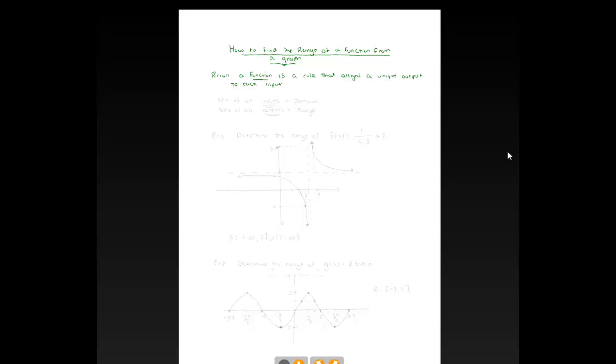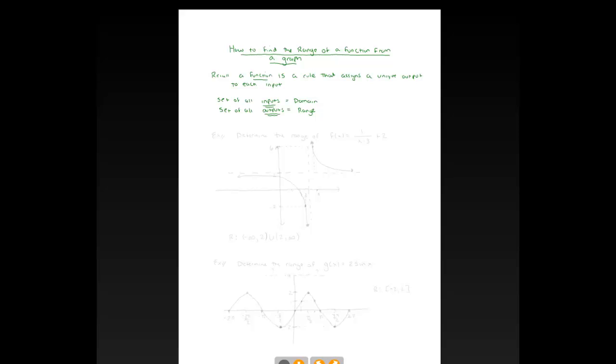It has inputs and outputs, and it's a rule that assigns a unique output to each input. And the set of all inputs is called the domain of the function, and the set of all outputs is what we call the range.